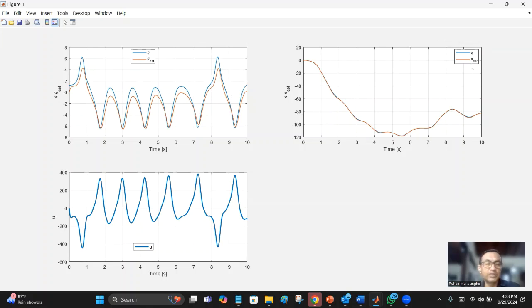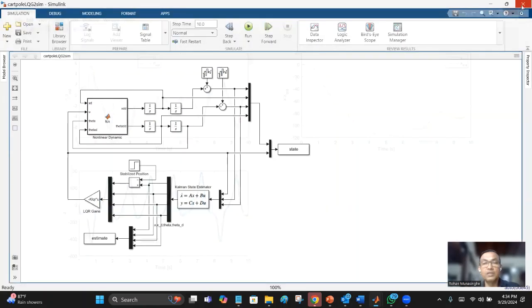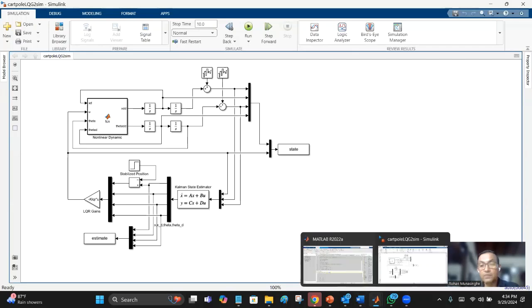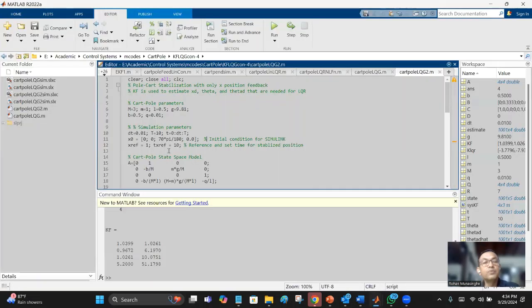The cart position is okay. This is the control signal. So this is not a good result. You can't handle a 70-degree deflection. But what about 60 or so? What about 60 degrees?